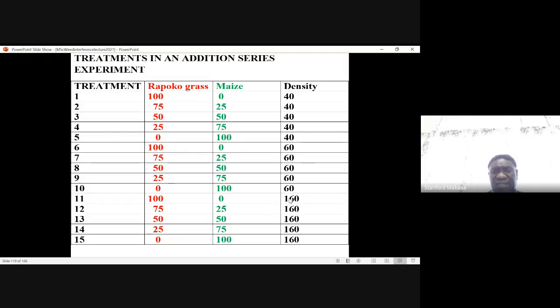And you can increase it up to 160, still maintaining our proportions. This type of experiment can be a 3 times 5 factorial. We have 3 densities and 5 proportions. So it's a 3 times 5 factorial, which can be replicated maybe 4 times.